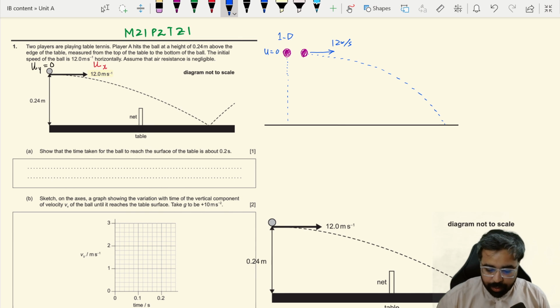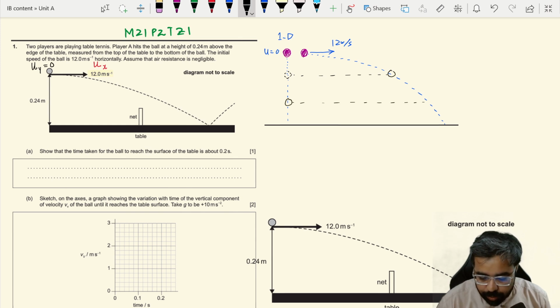Now remember that these two balls will reach the ground at the same time. The reason is their constant acceleration, the same acceleration at all the points. So I'm showing you these two balls are at the same levels at the same instant of time.